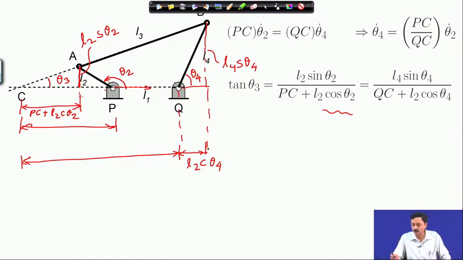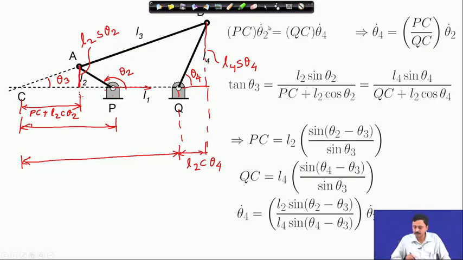So, both of these ratios are tangent theta 3. So, from here I can very easily solve to determine P c and Q c, and which I have done out, I have derived it for you.